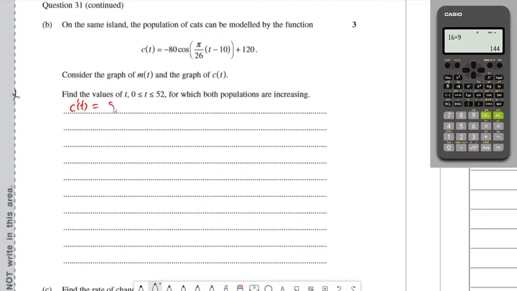It's going to be 80 lots of sine, derivative of inside comes out. So just that of sine.